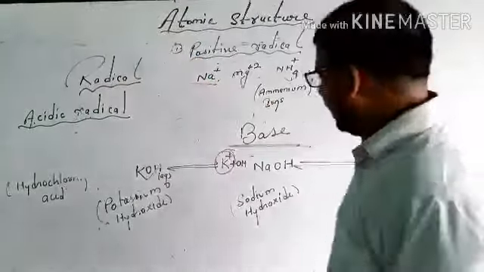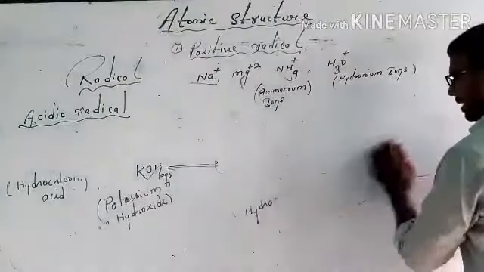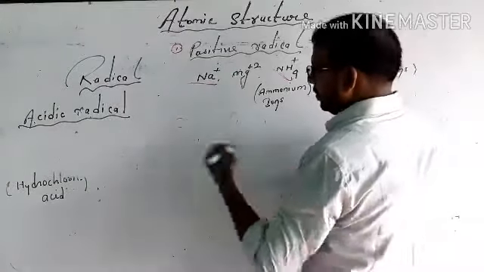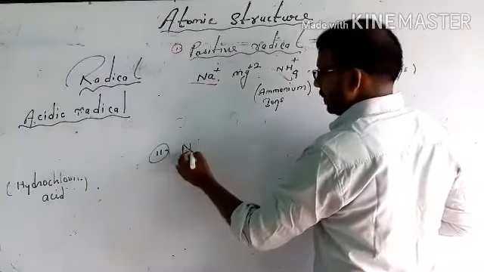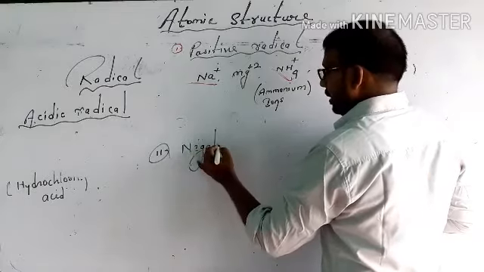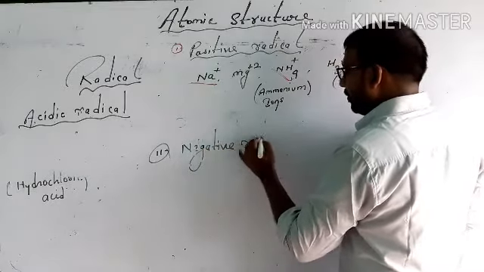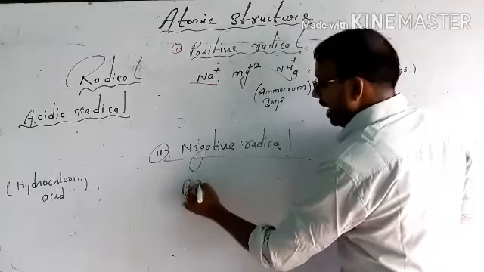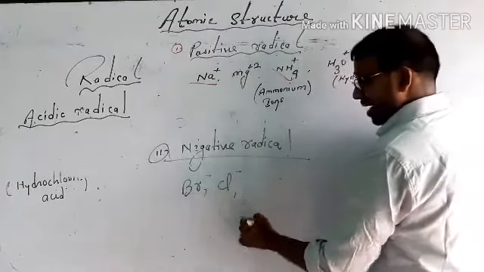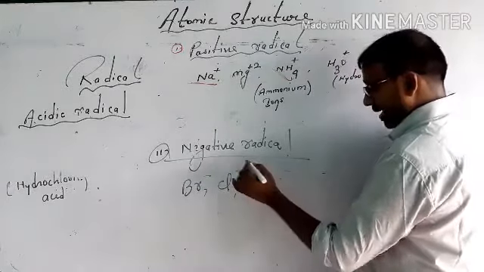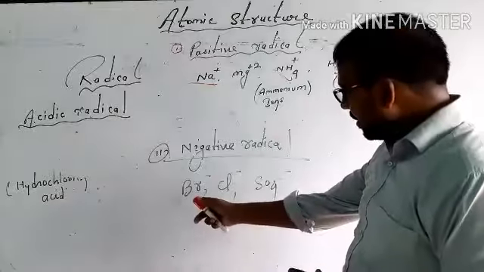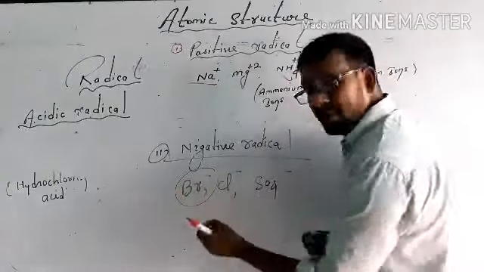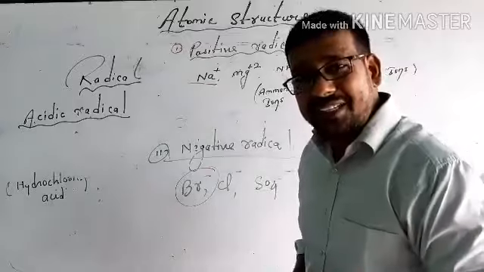In the case of negative, suppose I take the example of negative radical. I have given you examples Br minus, Cl minus, SO4 minus 2. All these carry negative charge, but in the case of Br minus, this is simple because only one element is there.